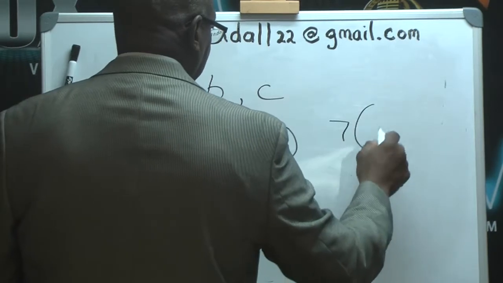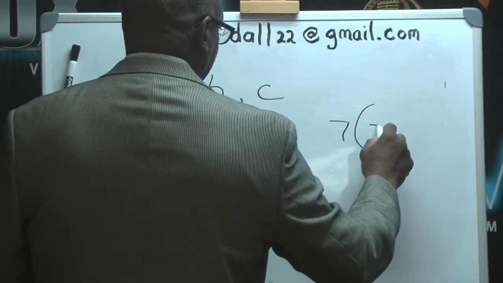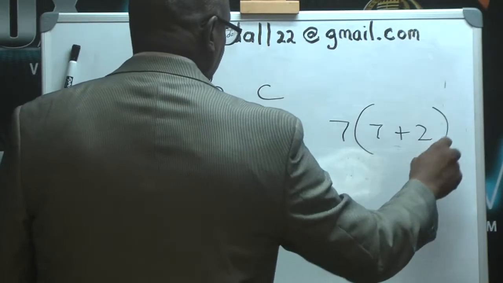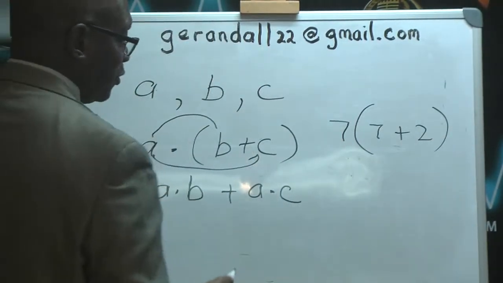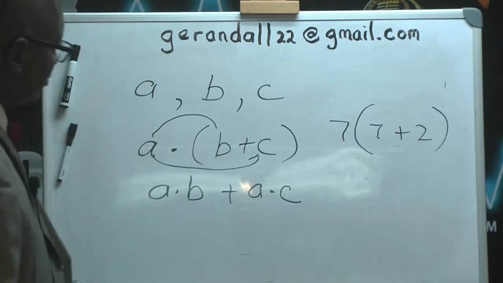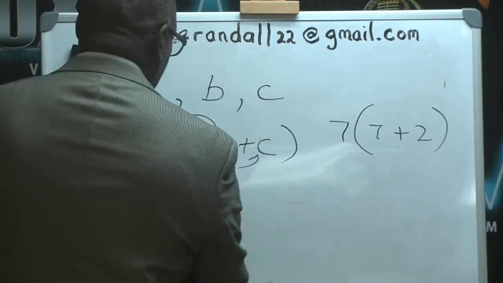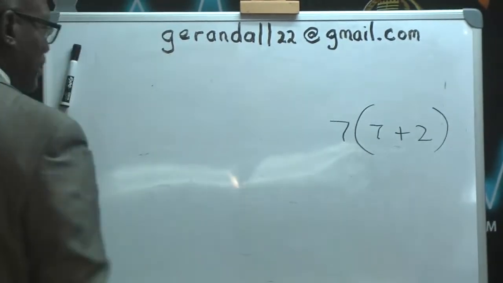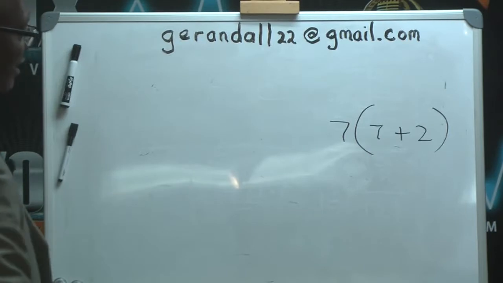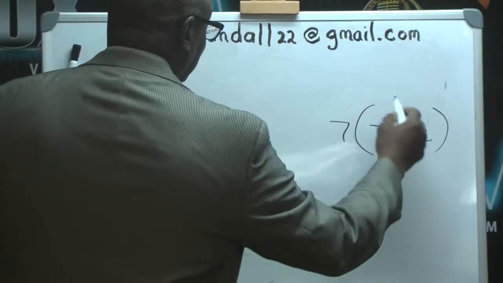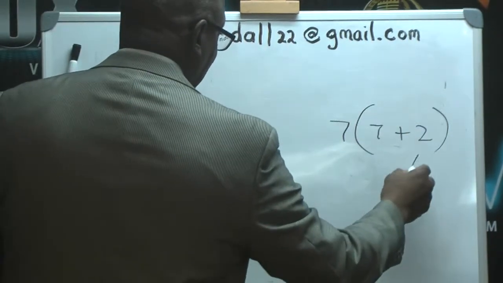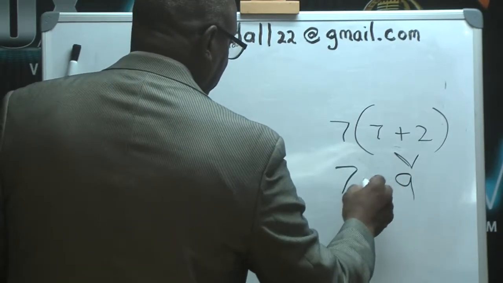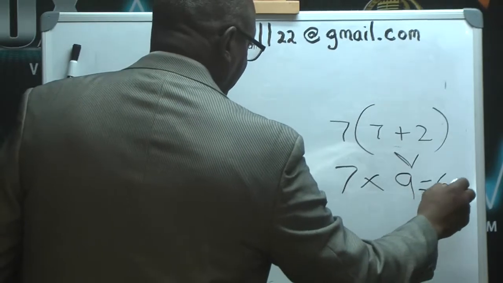Now if we put some real numbers in there, 7 times the quantity 7 plus 2, there are two things that we can do. Way back when I first started, the order of operations said, please excuse my dear Aunt Sally. And please meant to take the parentheses and add those, which is 9, and then 7 times 9 equals 63.